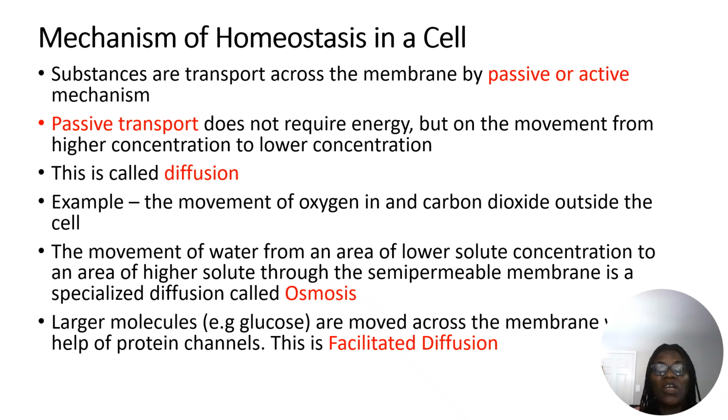Then another thing is that it involves the movement between solutions. A solution is made up of what we call solute and solvent. Solvent is what a substance is dissolved in, while the solute is what is dissolved in the solvent.